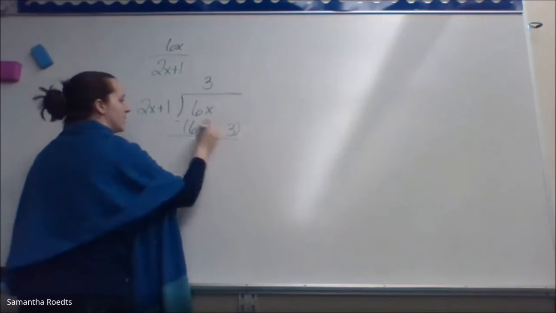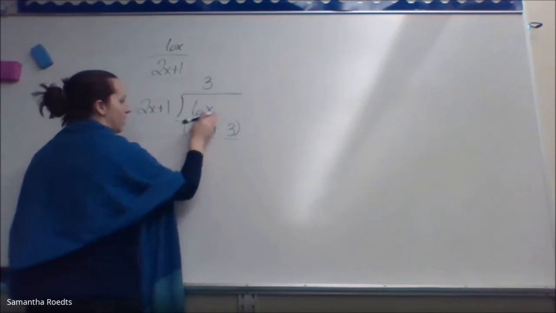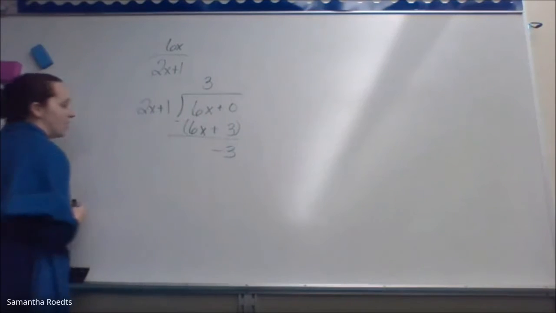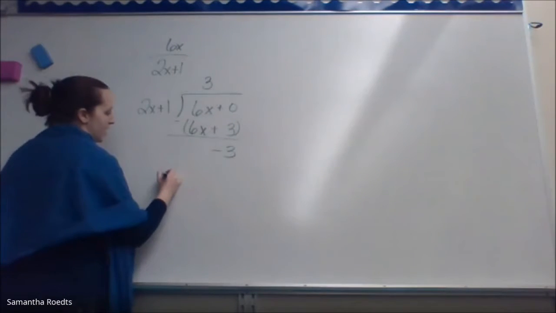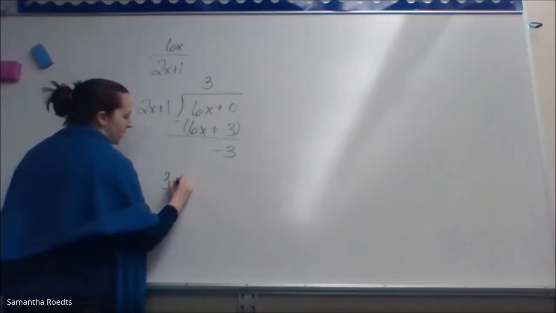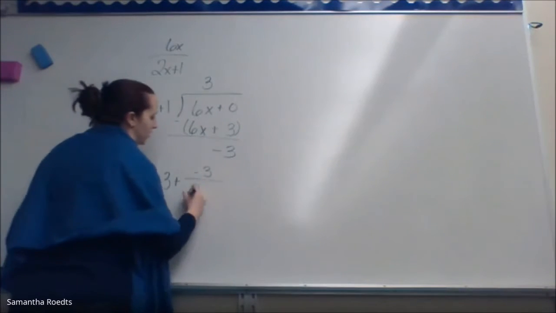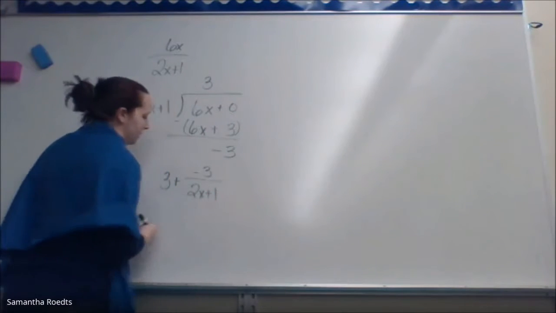Subtracting, 6x minus 6x is 0. 0 minus 3 is negative 3. So when I write this, I get 3 plus negative 3 over 2x plus 1.